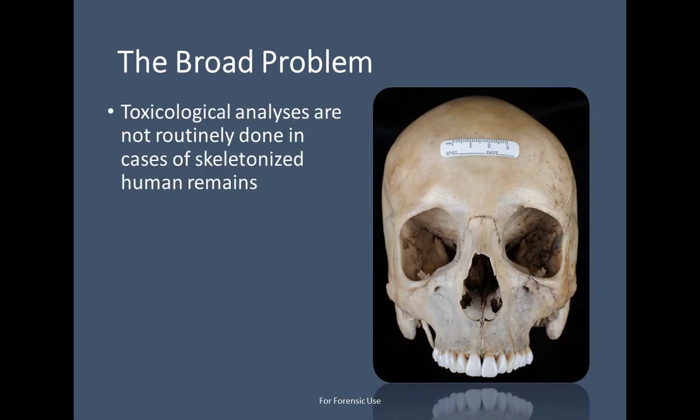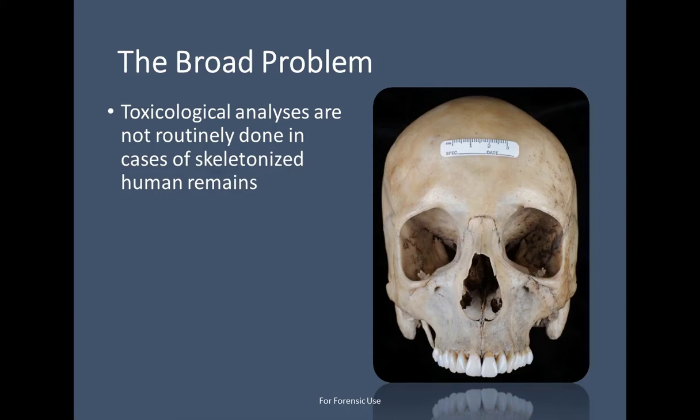So overall, the problem is that there is a need in toxicology for the analysis of bone. Primarily, cause of death is determined from skeletal remains, usually using physical trauma or other signs that can show what might have happened during death.